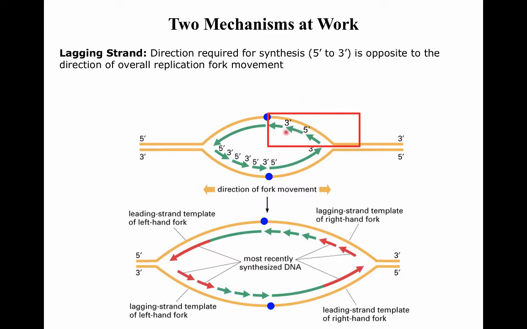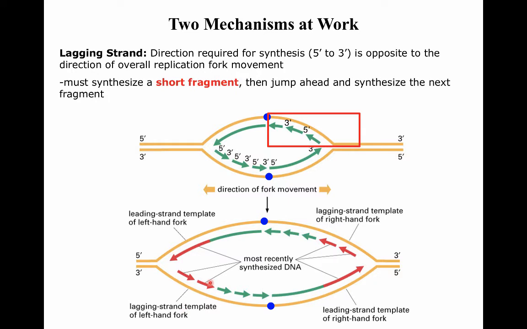But overall, it's synthesized in these little short strands that are all synthesized 5' to 3', which is opposite the overall direction you want to go. But then those are eventually filled back in. So for each fork, we have 2 enzymes working. We have the leading strand and the lagging strand on this side, and we have the leading strand and the lagging strand on that side.